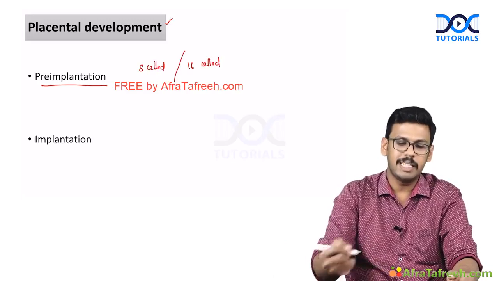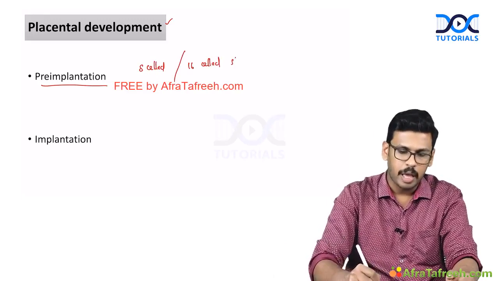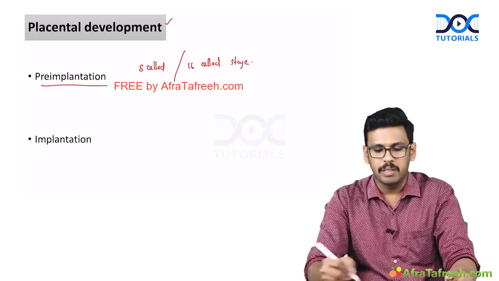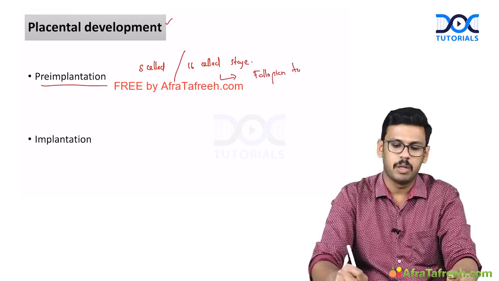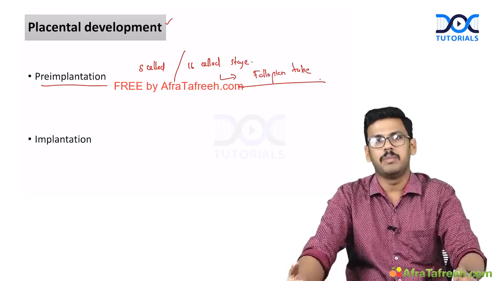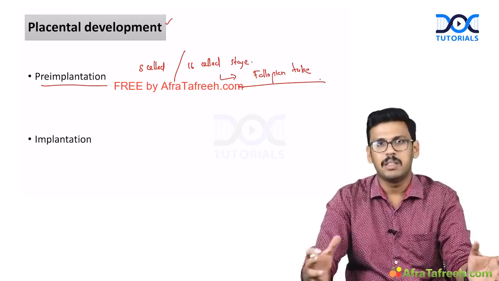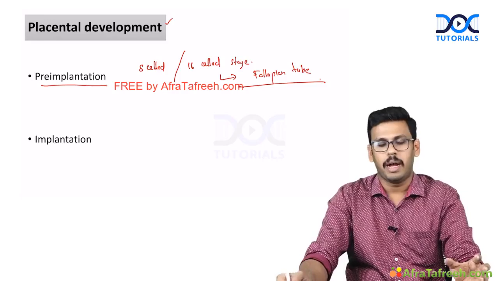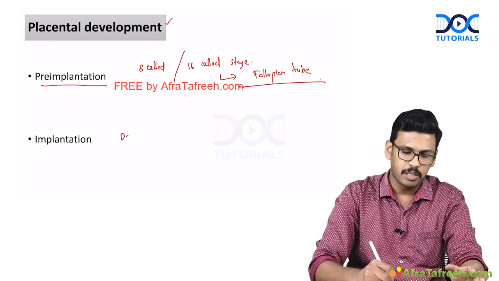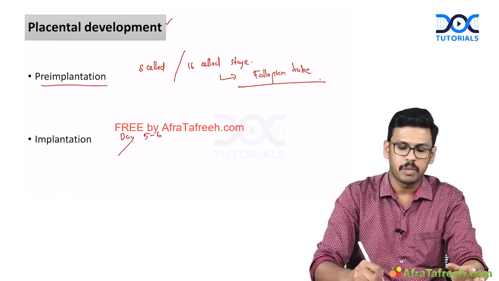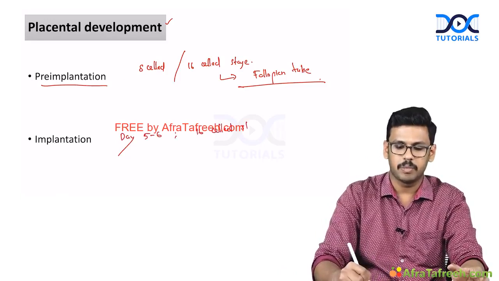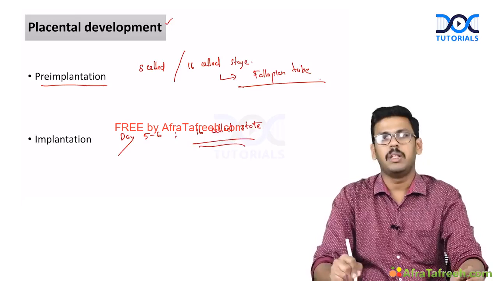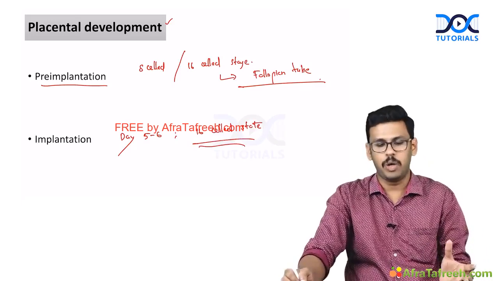The 16-cell stage is what we call the morula, and at that time it is still in the fallopian tube. And this zygote enters the uterus at around day 5 to 6 in the 16-cell state, and that is when the process of implantation starts to happen.